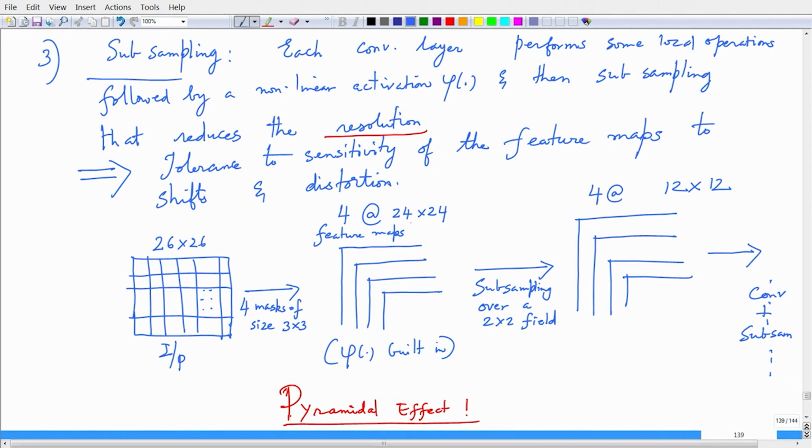You can just see this operation: 24 plus 3 minus 1 is 26, which follows your convolution idea. And there is this nonlinear function phi that is built into the feature map.